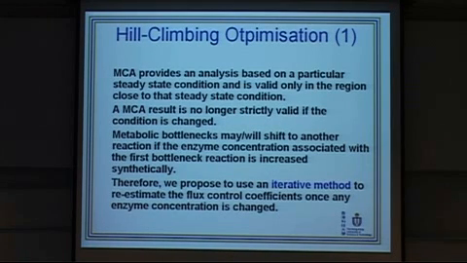So what you want to do is try to develop a method where you edge towards an optimal flux by allowing the change of any of the enzymes, but only do this in a very small step over and over again, which keeps you relatively in the region where you can expect the enzyme increase to have a relatively high effect on the flux. And this is done by having some iterative method, in which we re-estimate the flux control coefficients after making a very small change in one enzyme, and then do the process again.